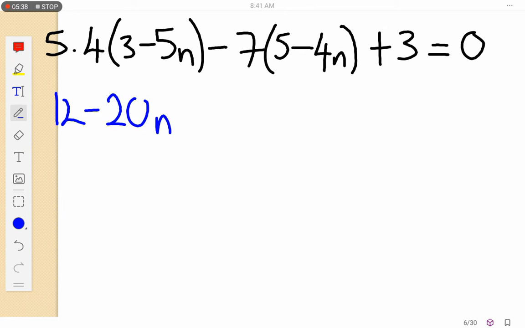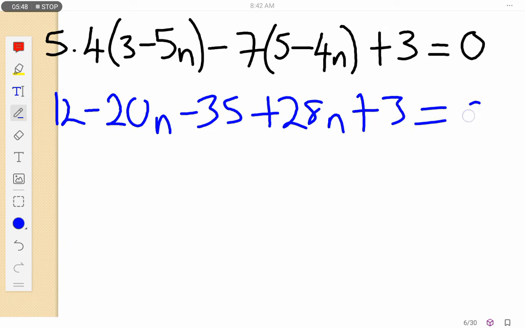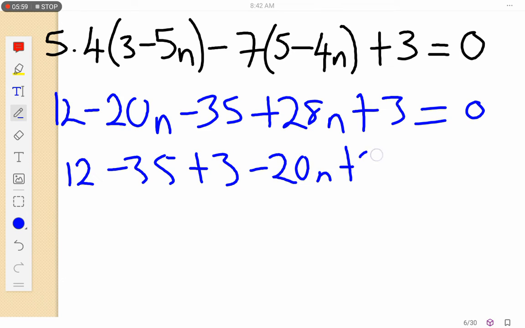Then here, minus 7 times 5, we get minus 35. Minus 7 times minus 4n, we get plus 28n. Then plus our 3 there is equal to 0. Grouping like terms now, we've got 12 minus 35 plus 3, then minus 20n plus 28n is equal to 0.